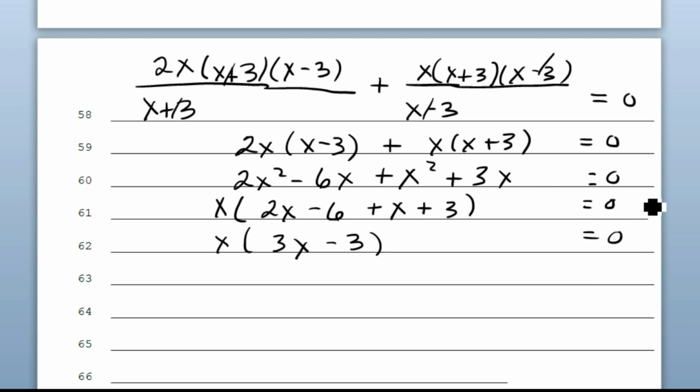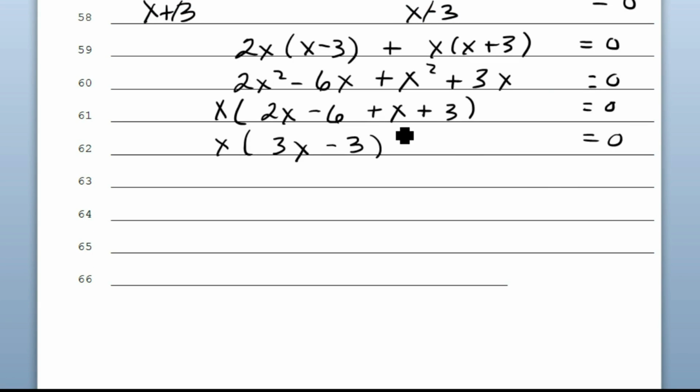equal to 0. And this will be true when either factor x or the factor 3x minus 3 is 0. And you can see right off the bat x equals 0 is a solution because that will make the statement true. And what happens when 3x minus 3 equals 0? We've got to figure out what this x will be.